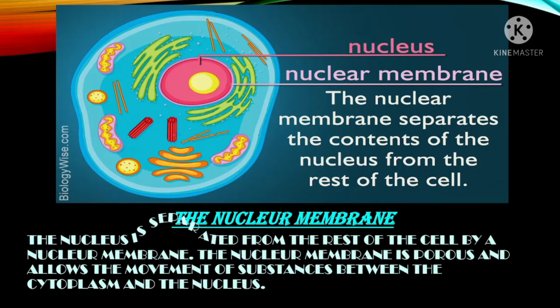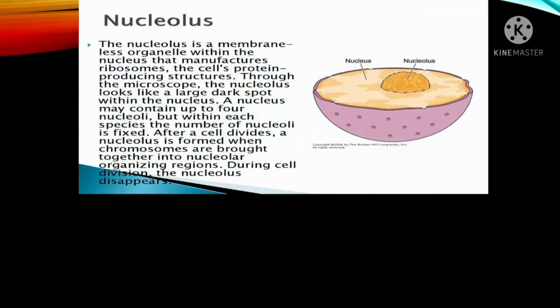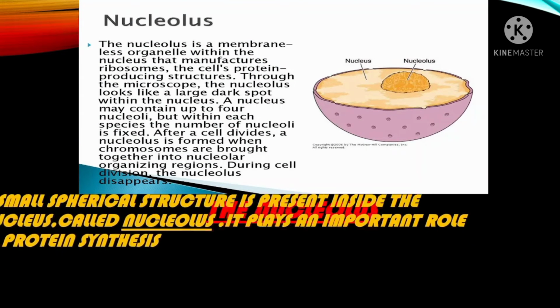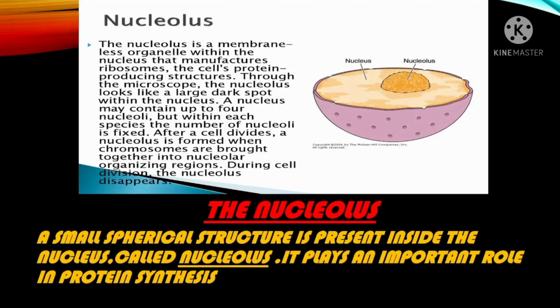The nucleus is separated from the rest of the cell by a nuclear membrane. The nuclear membrane is porous and allows the movement of substances between the cytoplasm and the nucleus. The nucleolus, a small spherical structure, is present inside the nucleus. It plays an important role in protein synthesis.